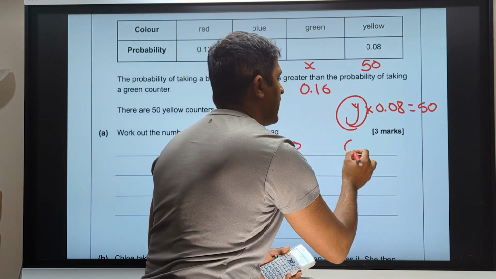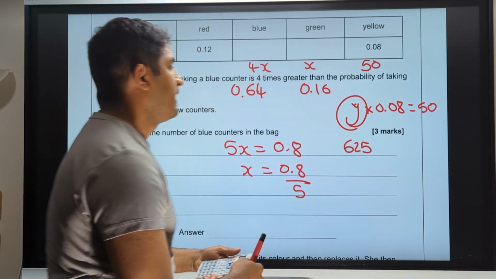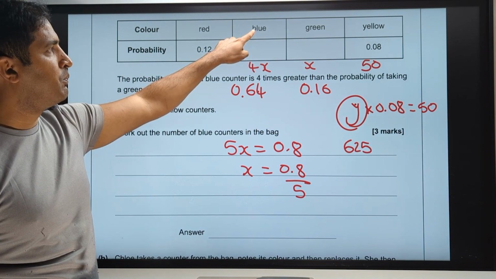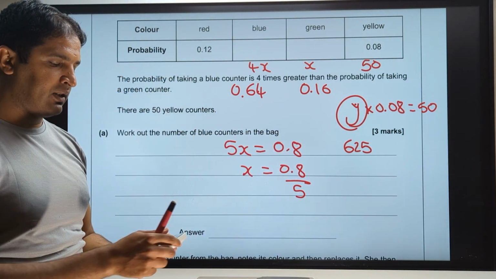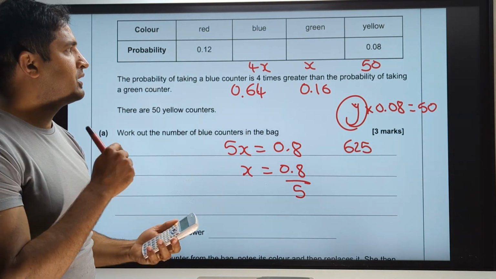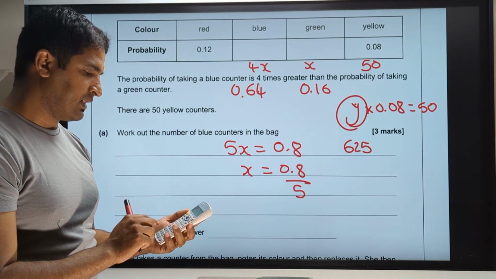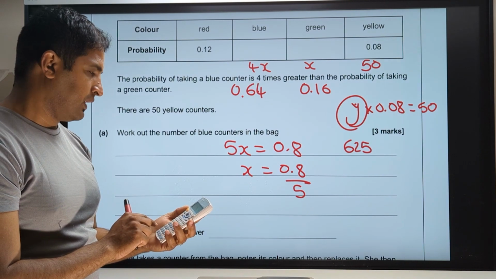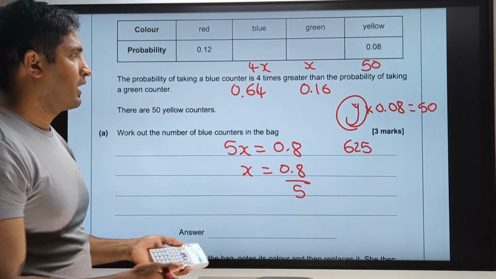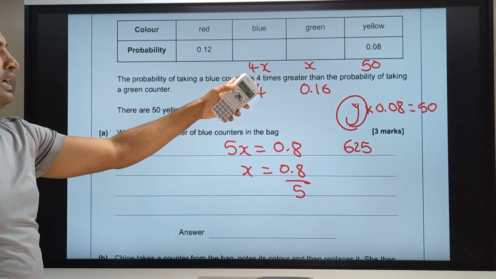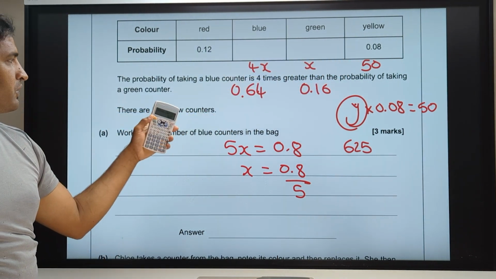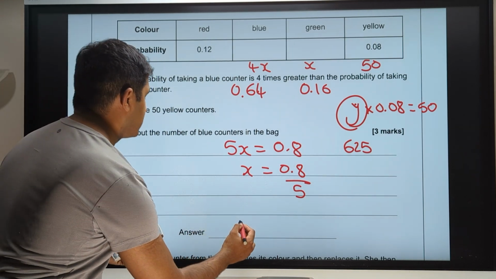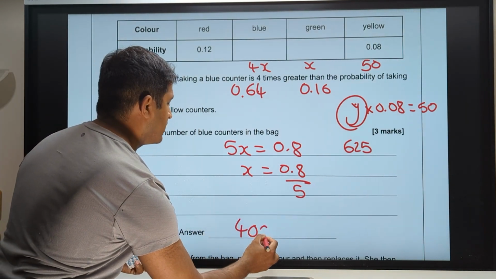So this total value is 625. Now, if I know the probability of getting blue is 0.64, then 625 multiplied by 0.64 gives me the answer 400. And you can check that: 0.08 to 0.64 is 8 times bigger, and 50 times 8 is 400. So there should be 400 blue counters in the bag.